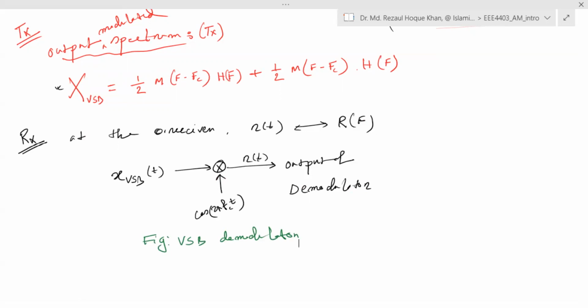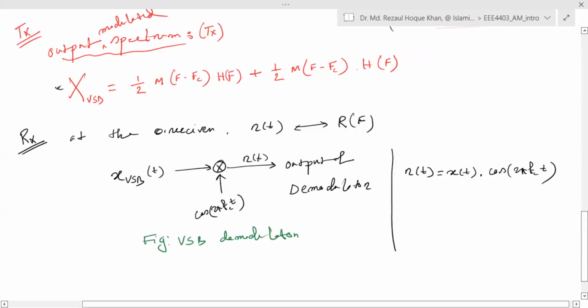So at the output we have our signal r(t), which is nothing but x(t) demodulated by cos 2π fc t.